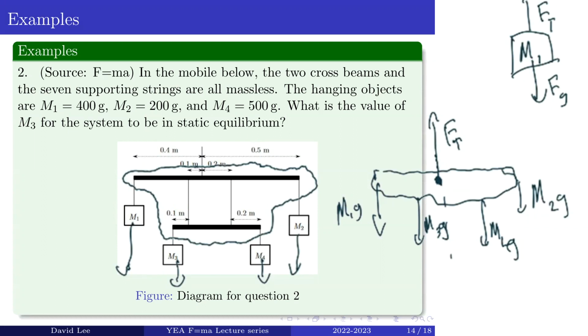So there's the torque from M1, M1G, and it's acting at a distance of 0.4 meters.